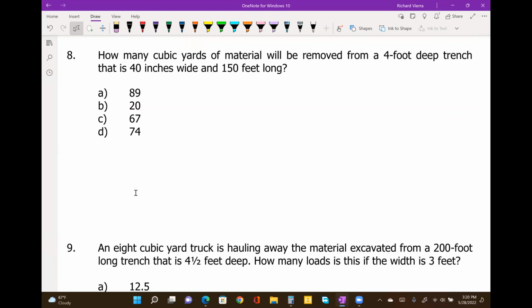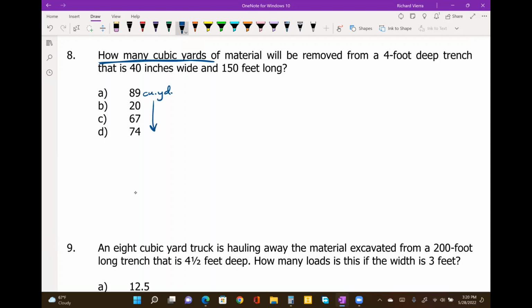And so in number 8, reading at the very beginning, how many cubic yards of material? So all these answers that are given in question number 8, even though they don't show any measurement, they all represent numbers of cubic yards.